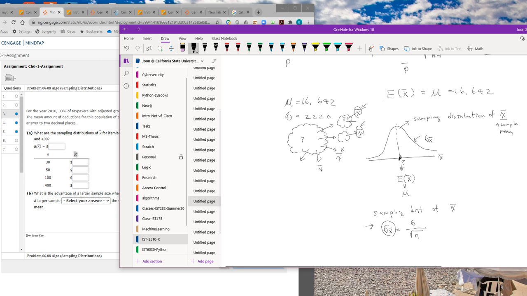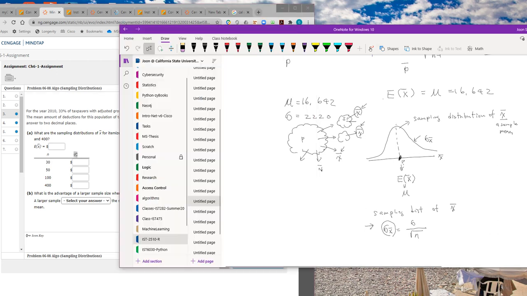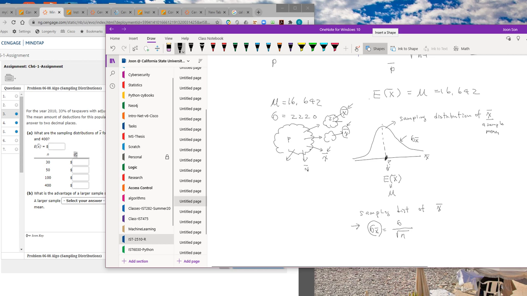Okay, so the first one, when n is 30, you can find this value. When n is 30, we know that it's root 30, and the sigma is the population standard deviation, which is 2220.